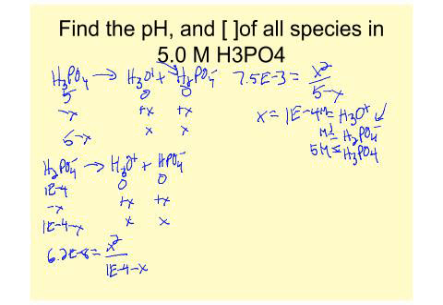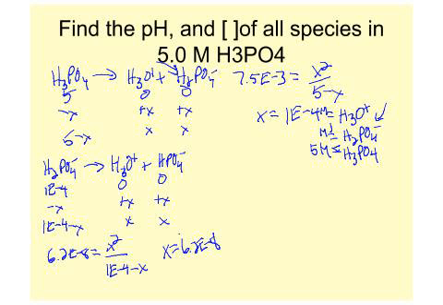X squared divided by quantity 1 E negative 4 minus X, minus 6.2 E negative 8. And my guess is 1 E negative 4, sure, why not? Solve it. Error, divided by 0. Let me do this again, and what I get actually should be 6.2 E negative 8, because I know a shortcut. So X equals 6.2 E negative 8.